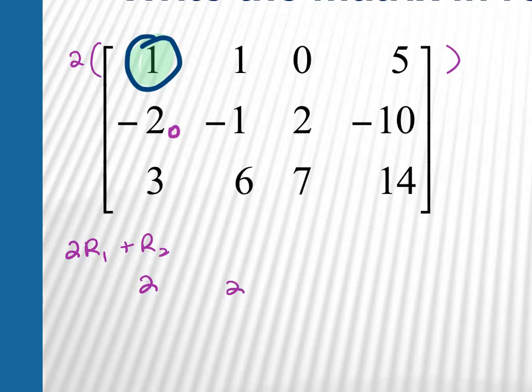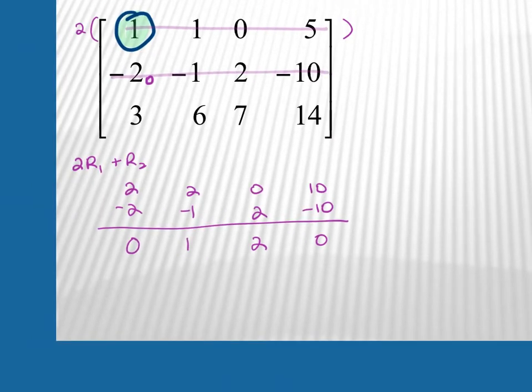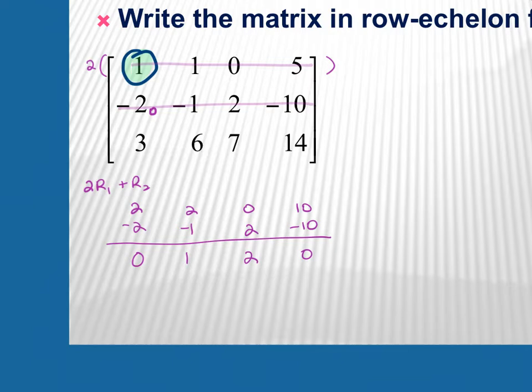And I get 2, 2, 0, 10, -2, -1, 2, -10. Then I'm going to add it. So I get 0, 1, 2, 0. Now that row, whatever 2 I combine with, the result can replace either of those 2 rows. So I can take this new row and I can put it here, or I can put it here. Where do I want to put it? Second row. So I'm going to rewrite the matrix. 1, 1, 0, 5, 0, 1, 2, 0, 3, 6, 7, 14.